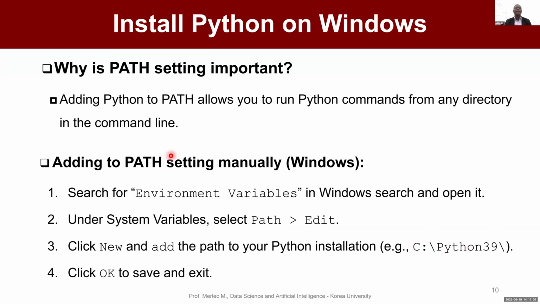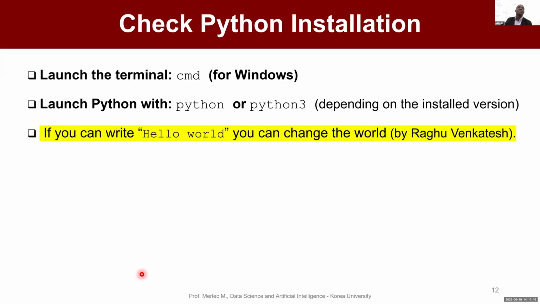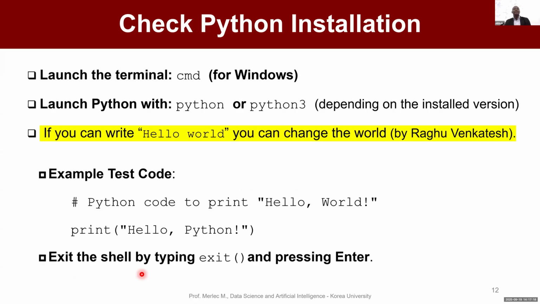When you click on the button and save it, click OK and exit, Python will now be recognized as an instruction that can run on Windows. I already explained this, and I checked the hello world from my Python interpreter.